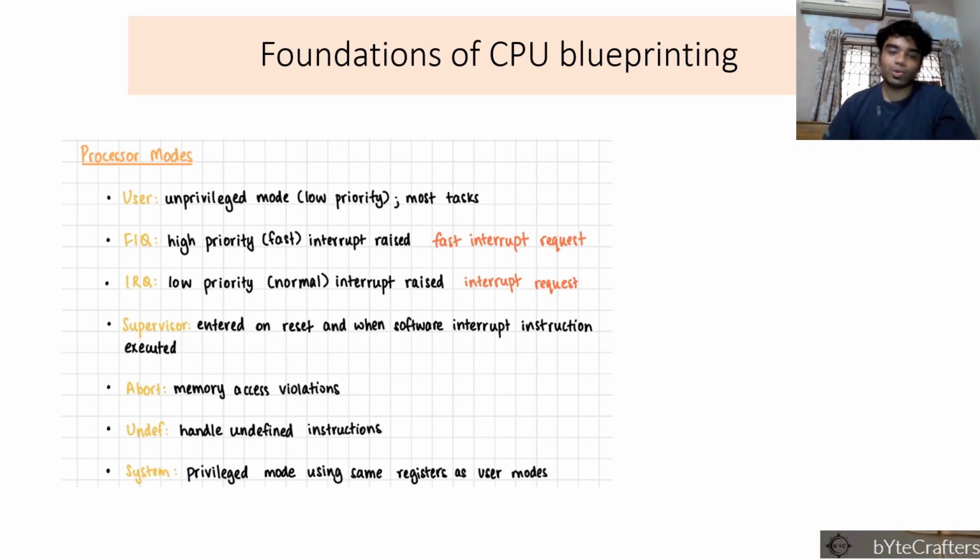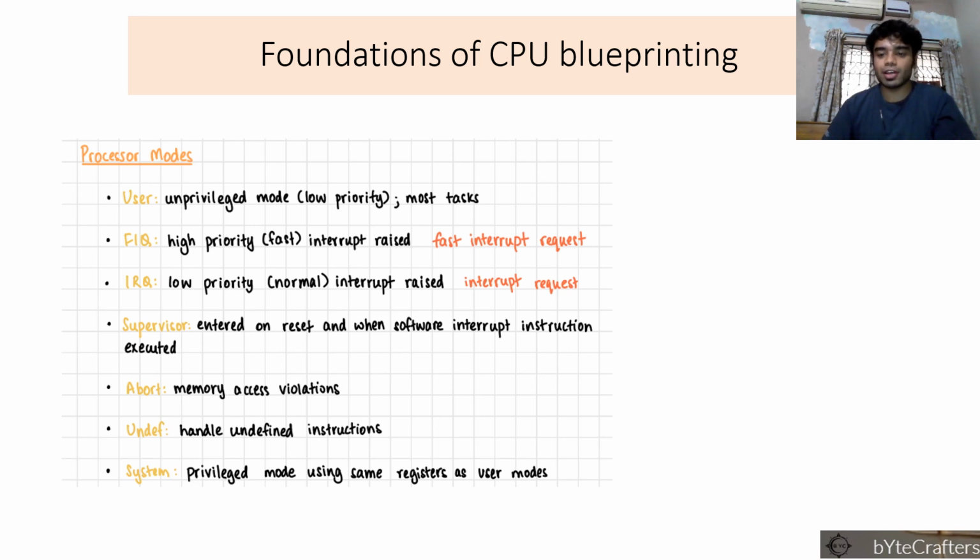Other than that, you have abort mode also. These modes, abort and undefined, come only when there is some violation in memory access, or it could be anything. Abort mode, you can imagine, is like an emergency in the theme park, where all rides are stopped and people are asked to evacuate.